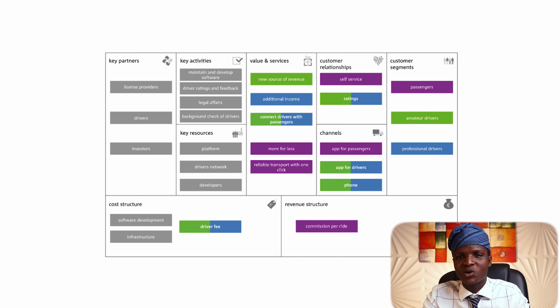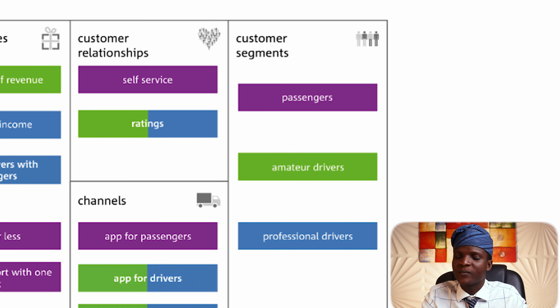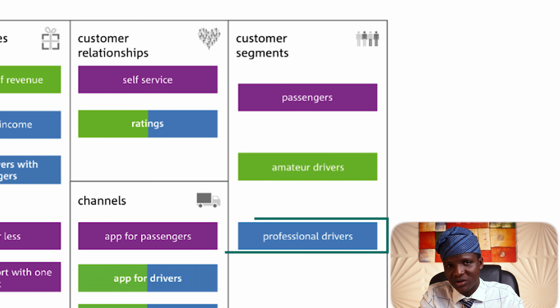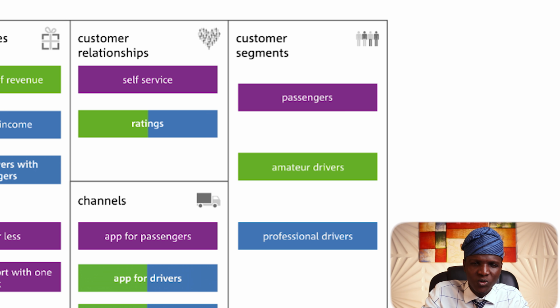Firstly, let's start with customer segment. As you can see on the Uber business model, we have customer segments. They were able to understand that they have 3 customer segments, which are their passengers, their amateur drivers, and their professional drivers. Normally, a novice will consider those drivers as part of their partners, but they are not their partners.